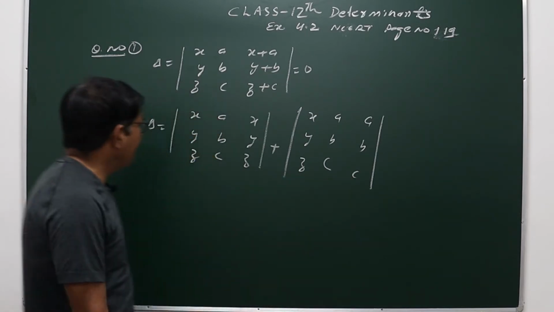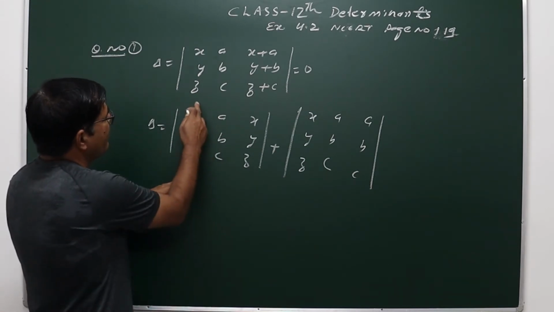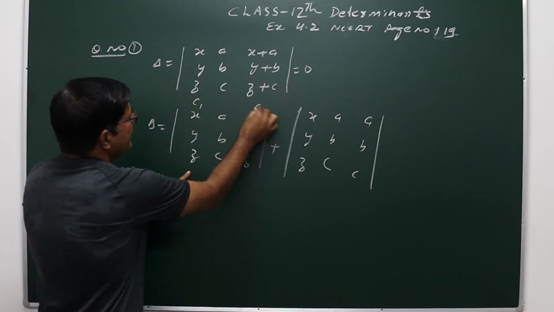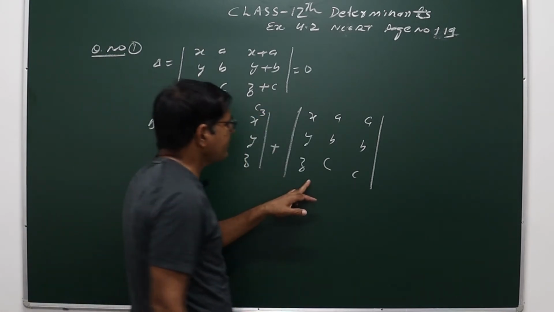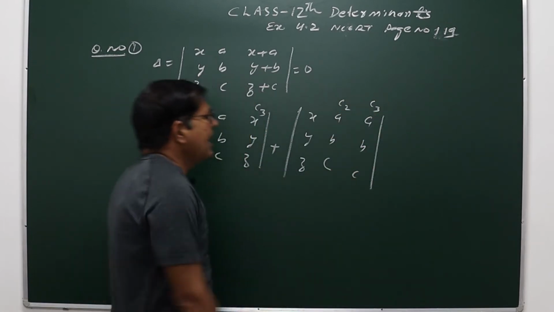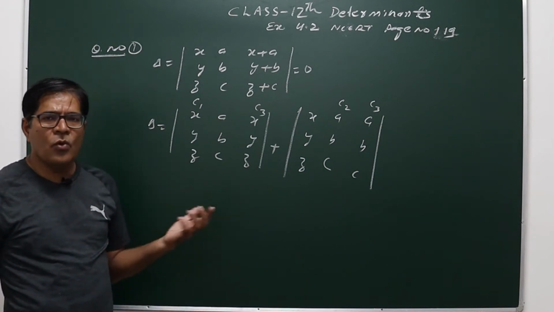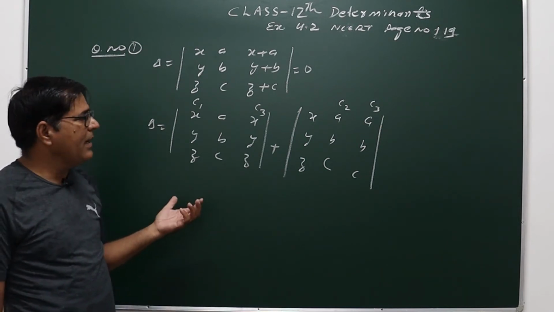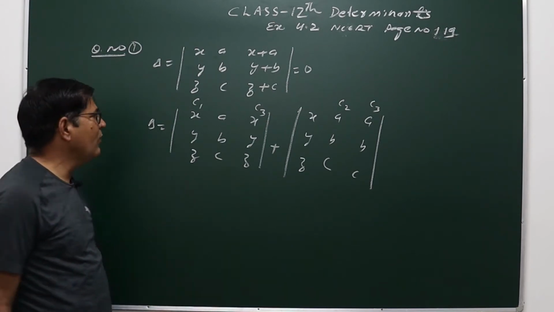If we observe keenly these two determinants, in the first determinant the first column and the third column are identical. Similarly, in the second determinant column 2 and column 3 are identical. By the property, if any two rows or columns of a given determinant are identical, then its numerical value will be 0.